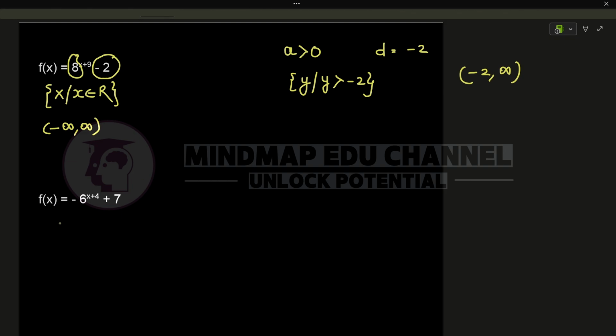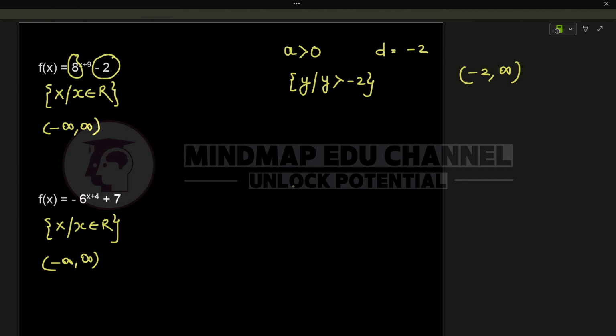Let's do one more function. Here f(x) = minus 6 raised to (x plus 4) plus 7. Here the domain is always the set of x values such that x is a set of all real numbers. And in interval notation, always remember the domain will be from minus infinity to plus infinity for any exponential function.